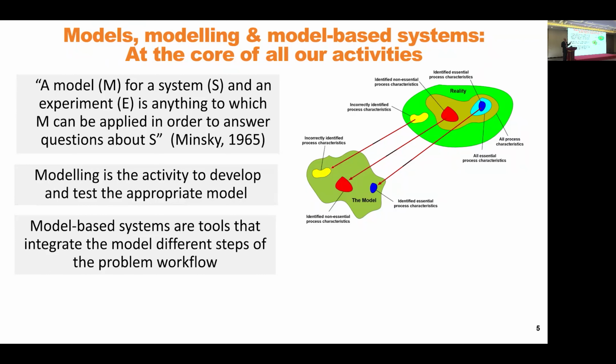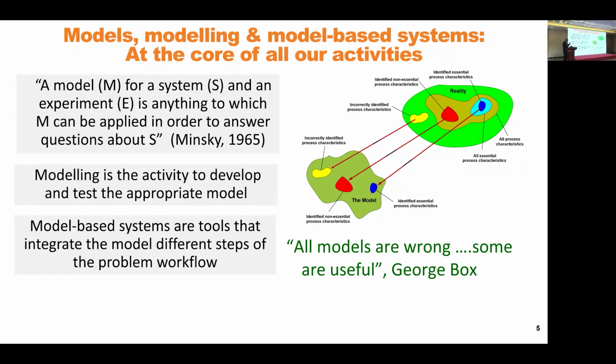And then if we have the model-based system, what kind of problems can we solve? And here I would also add a quote coming from a statistician, a world expert statistician, who says all models are wrong, some are useful.